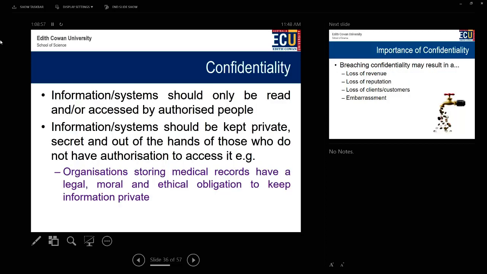So what is confidentiality? Information systems should only be read and or accessed by authorized people only. Information systems should be kept private, secret, and out of the hands of those who do not have authorization to access them. Like we discussed in the Marriott Hotel case, the people at the Marriott Hotel were authorized to see our personal information, like our names, because they are the ones who entered that information.